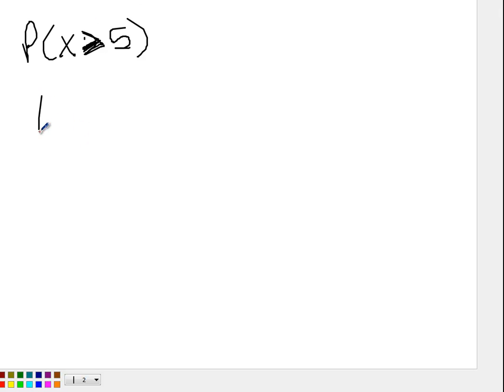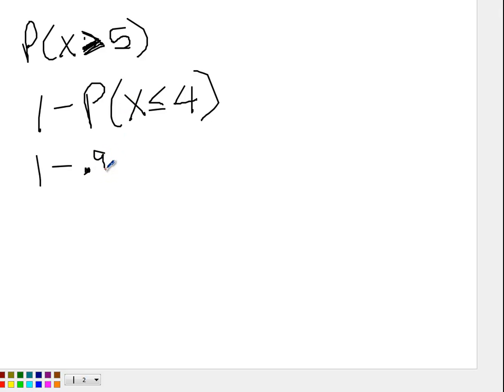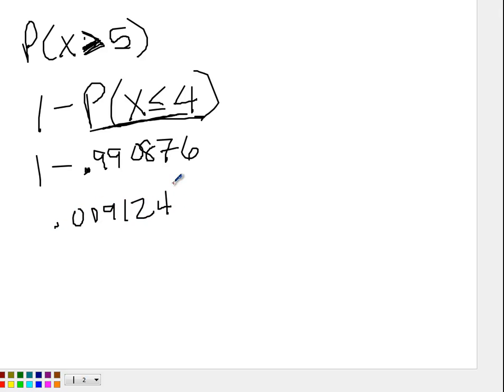So what we're going to do is 1 minus the probability that X is less than or equal to 4. We already know how to do this in Excel, and we calculated it already. So we're just going to subtract that from 1, and I get 0.009124. So the probability that at least 5 carry the gene is 0.009124.